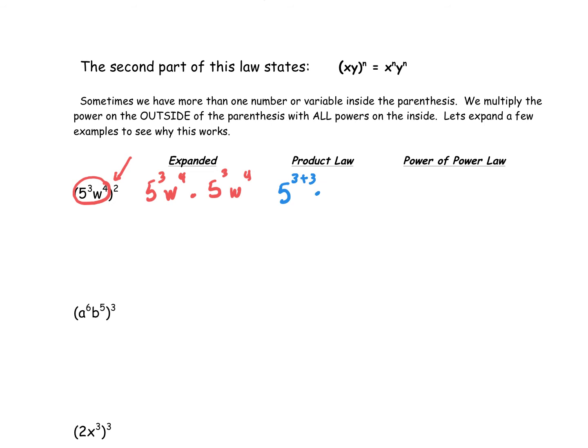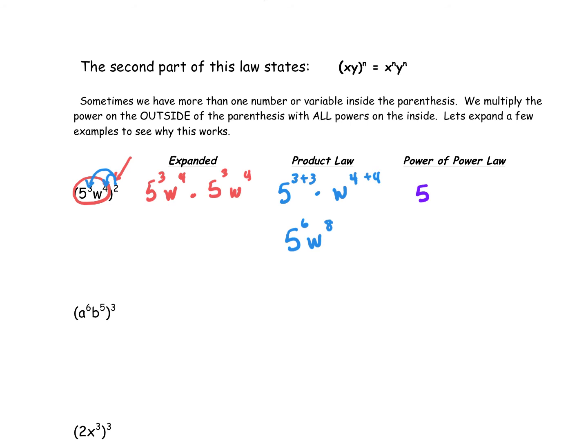And so now I'm going to take w, and I see it as a base, and the exponents are both 4. So I'm going to get 5 to the 6th power, w to the 8th power. So if I use the product law, it's almost like using the distributive property. This 2 is going to multiply this 3, and this 2 is going to multiply this 4. So here's what it looks like when we use the power of a power law.